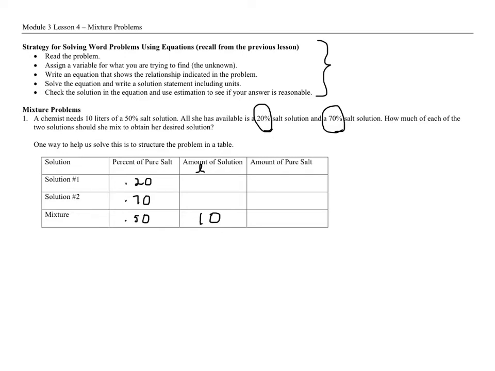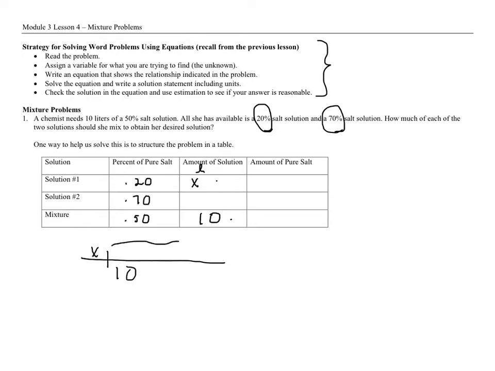Okay. How much of each does she need? So we don't know how much of the 20% solution we need. And we really don't know how much of the 70% solution we need, but we can use these two numbers right here to make sure we get a representation for this. This is what she needs in total. She needs a total of 10. Part of it is x.